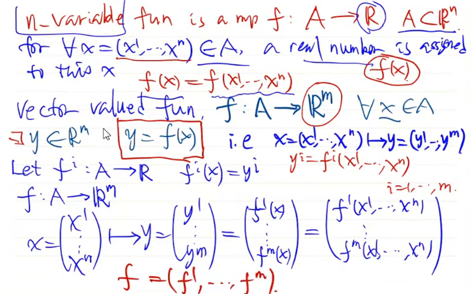We use this notation in the last line to mean that the components of f are f1, ..., fm. Okay. So this is a vector valued function.